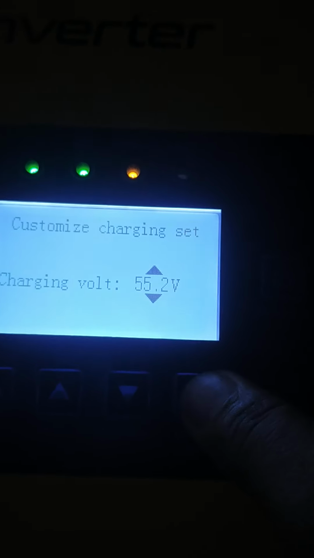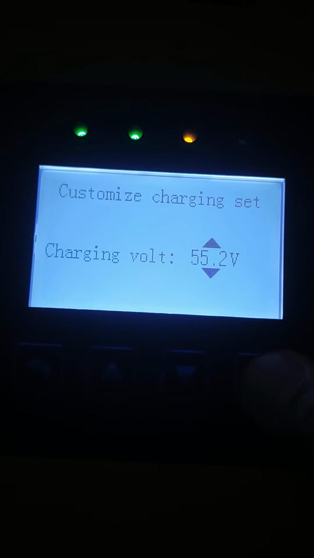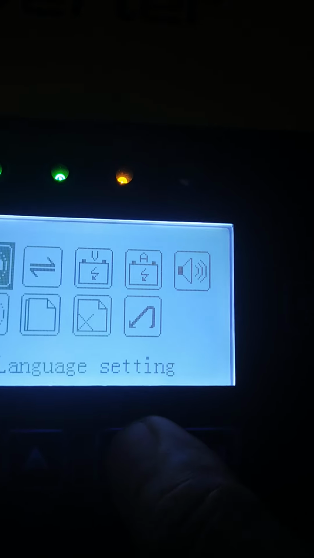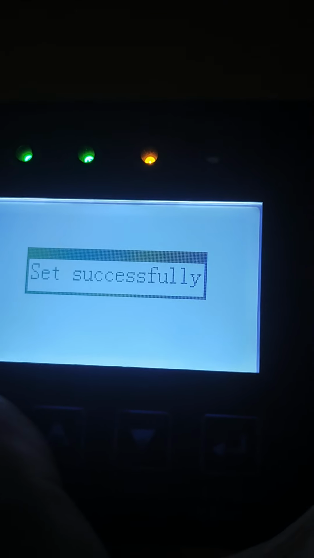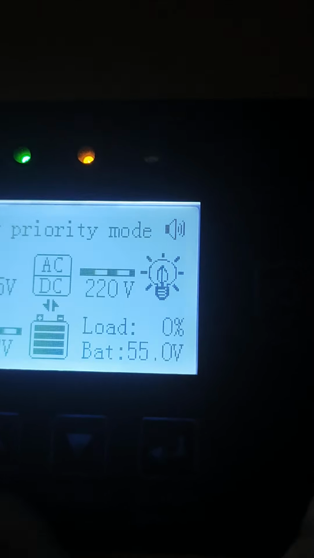55.2 is the charging voltage. And on the home, 80 ampere. Okay.